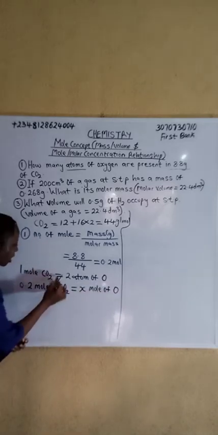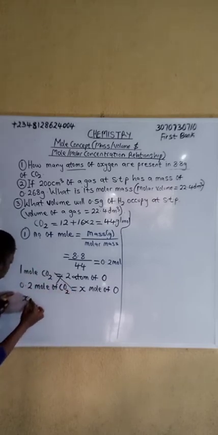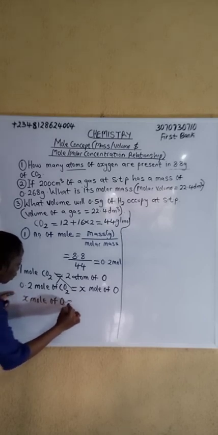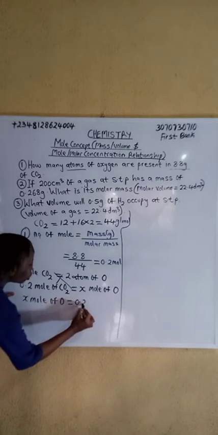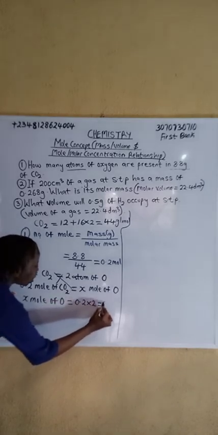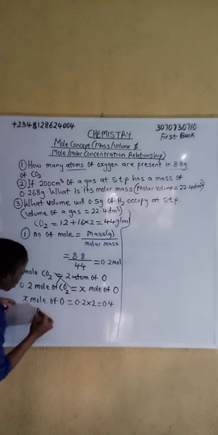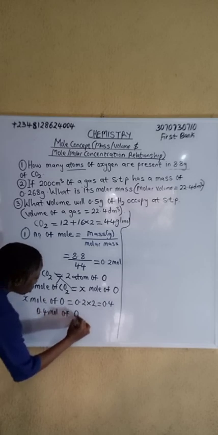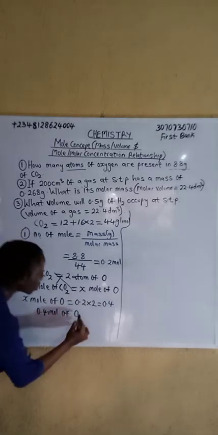Then we cross multiply. So X mole of oxygen will be equal to 0.2 times 2. 0.2 times 2 will give us 0.4 mole of oxygen.